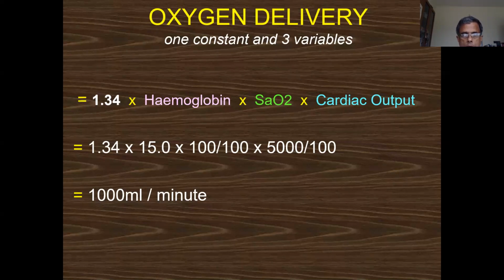You will get the amount of oxygen in the blood reaching the tissues every minute. So here we're taking 1.34 ml of oxygen per gram of hemoglobin, 15 grams of hemoglobin, 100% saturation, cardiac output of 5 liters per minute. But because the hemoglobin is in 100 ml, we divide it by 100. The oxygen delivery is 1000 ml a minute.